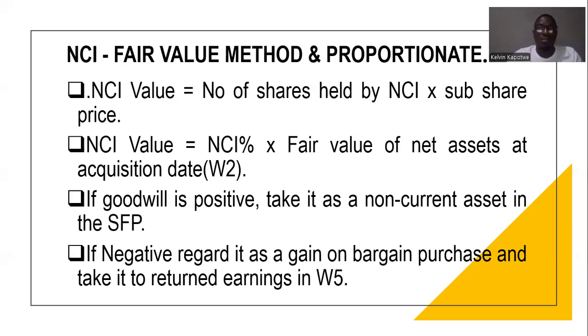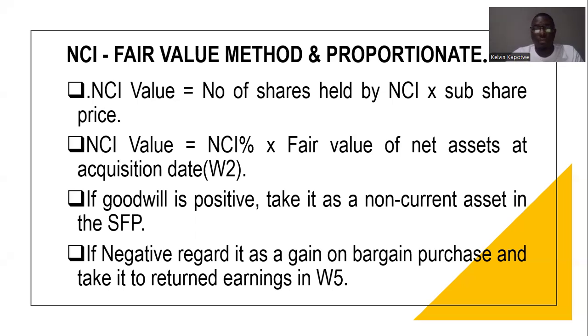So if I own 20% as the non-controlling interest, you just get 20% multiplied by the fair value of the net assets, or the net asset fair value at acquisition. You multiply by that figure in working number 2 in the first column, and that will give you the value of the NCI. So you can use either of those two methods, all right?